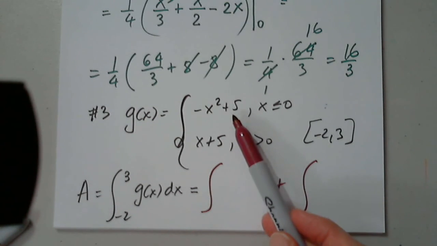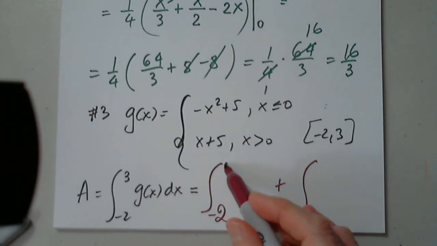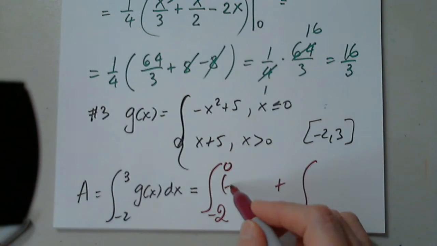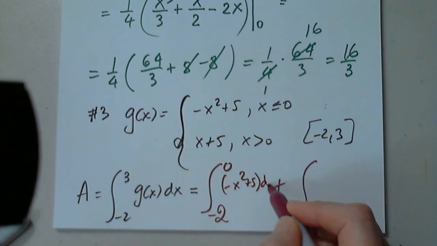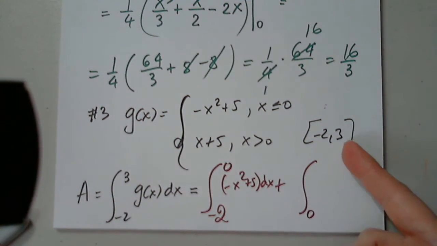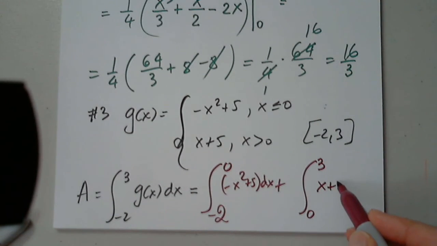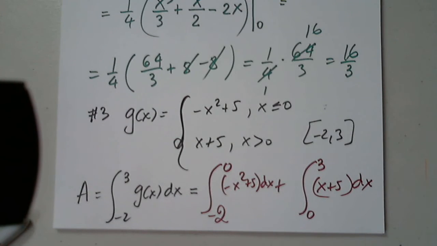One for this function between negative 2 and 0, and then from 0 to 3 from this function. If this is understood, we'll continue finding it. If it's not clear, please say so I can explain again.